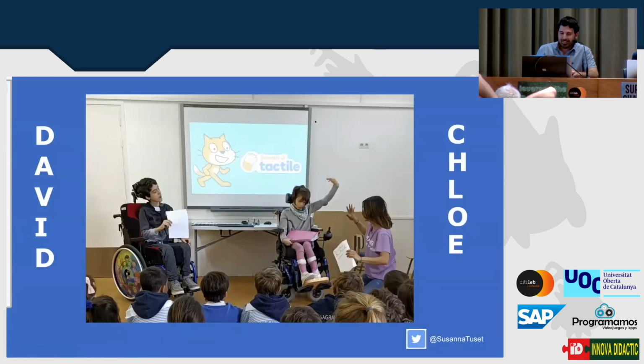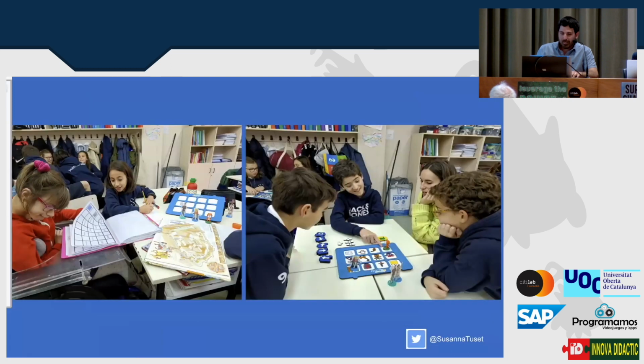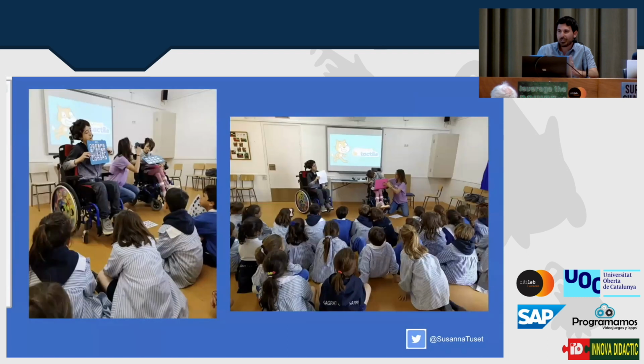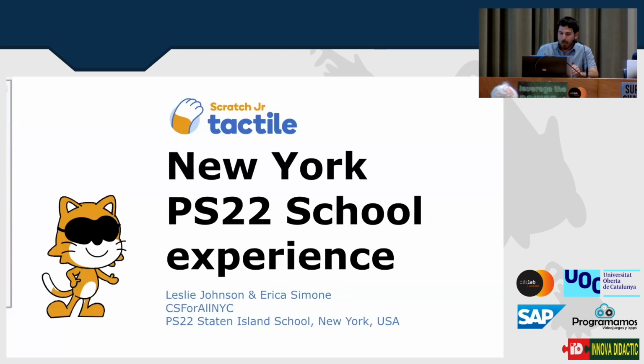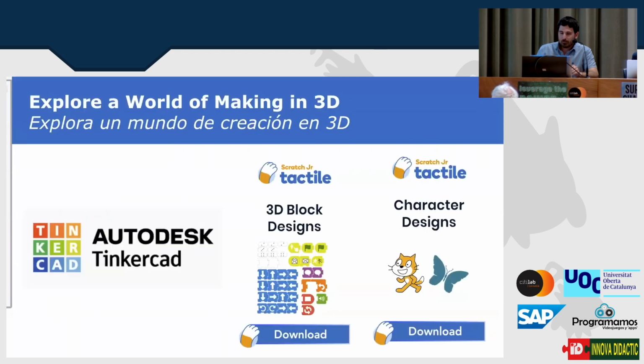And I will show only some photos. These are motor and cognitive impaired students. They made a common project with an ordinary school about the Middle Ages, for example, and Sant Jordi, which is a legend here in Barcelona, in Catalonia. Or this is in New York.